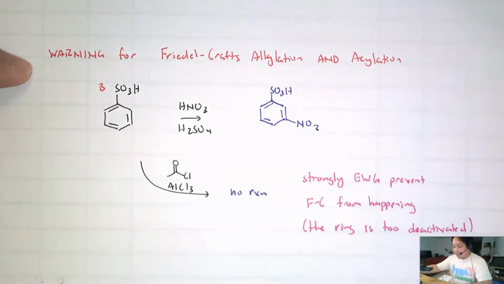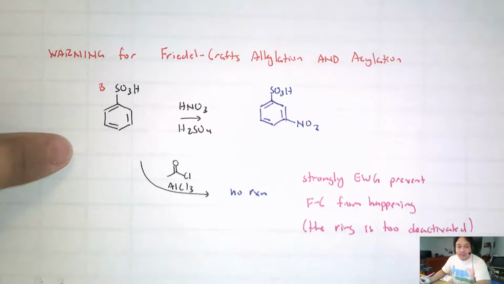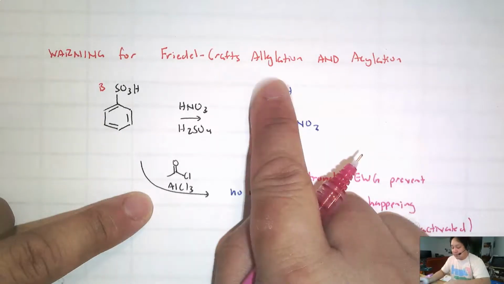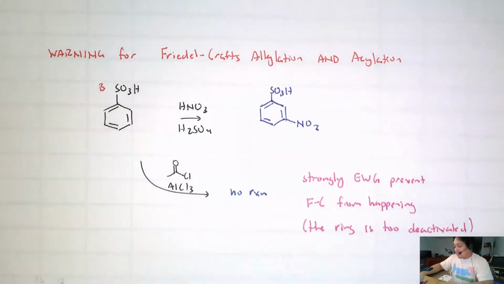Okay, and you should put no reaction. Bromination will work, nitration will work, sulfonation will work, but neither of the two Friedel-Crafts, alkylation nor acylation. Just put no reaction. Okay, so that kind of throws a little twist when you're doing your syntheses or when you're filling in your products. This is a warning that you got to remember.